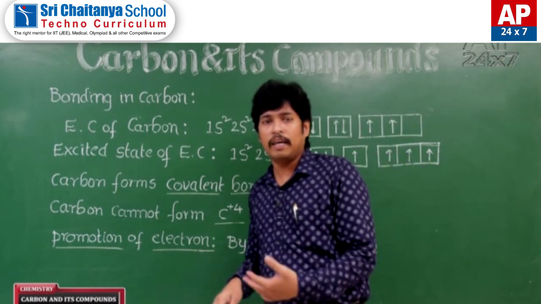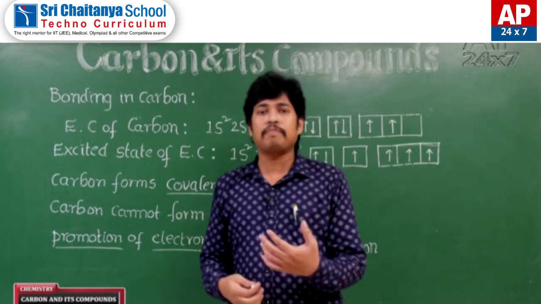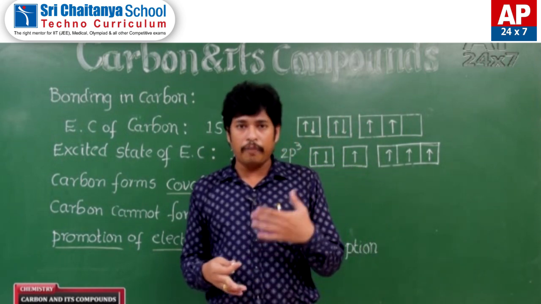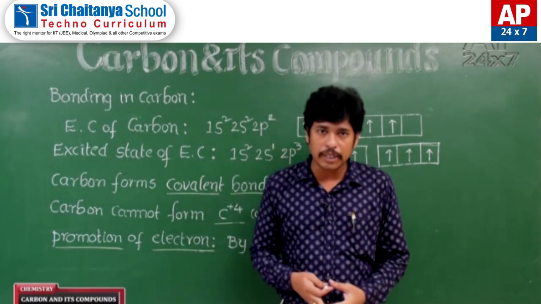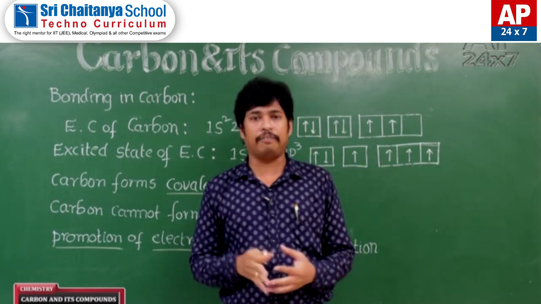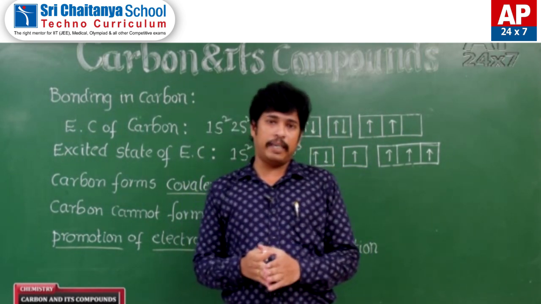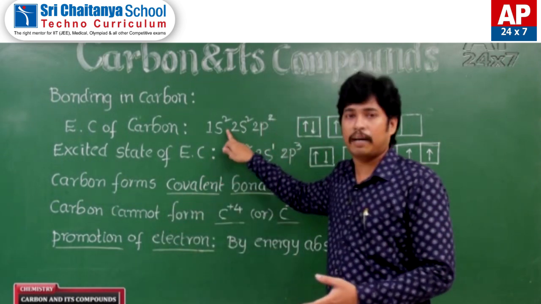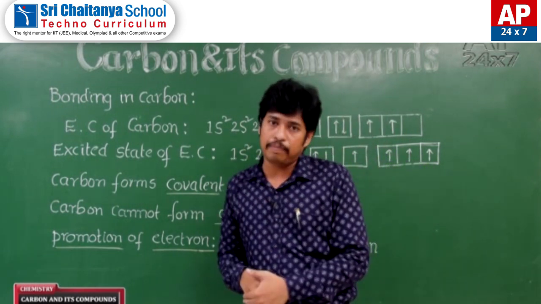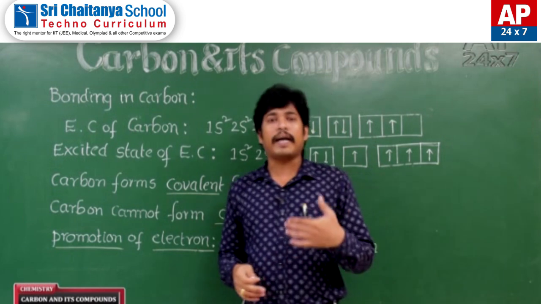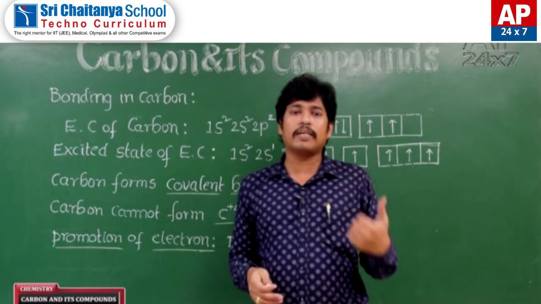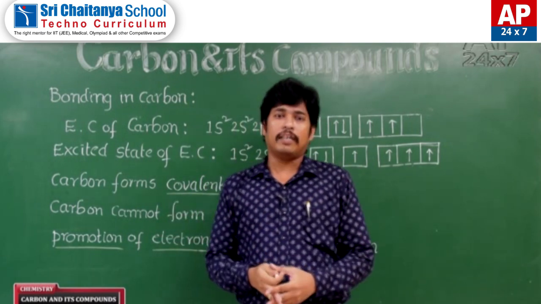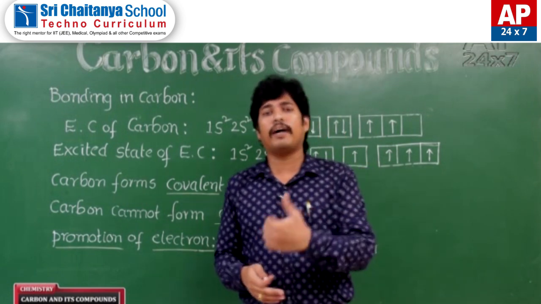In the previous sessions, we learned about the periodic table and the important periodic trends. In the periodic trends, most importantly, we know what is meant by ionization potential and what is meant by electronegativity. Particularly for carbon, these properties are somewhat moderate. The ionization energy of carbon is not too high or too low, and in the same way its electronegativity is also not very high or very low.